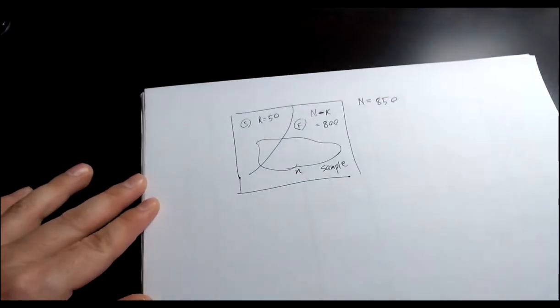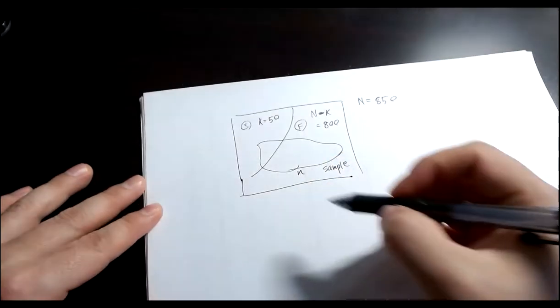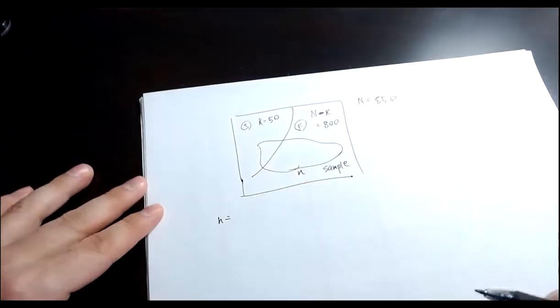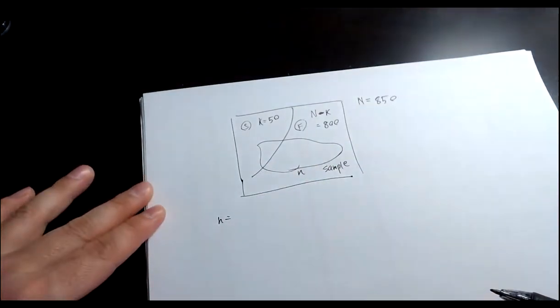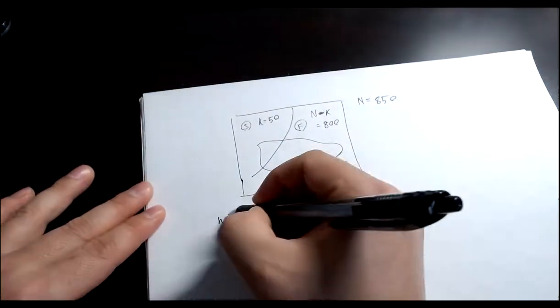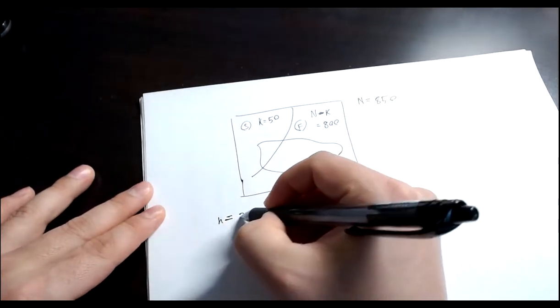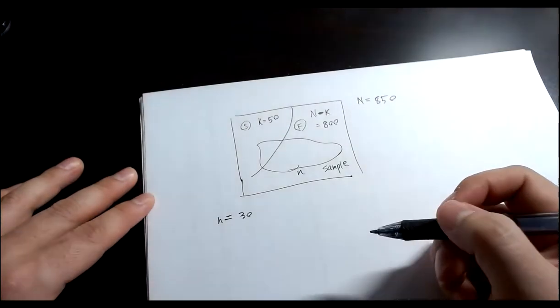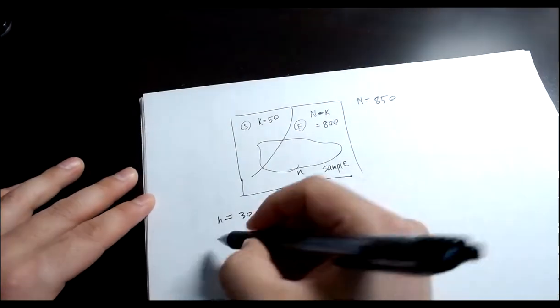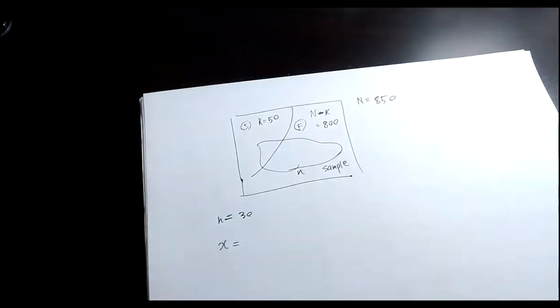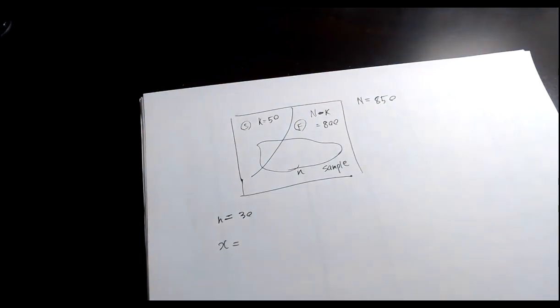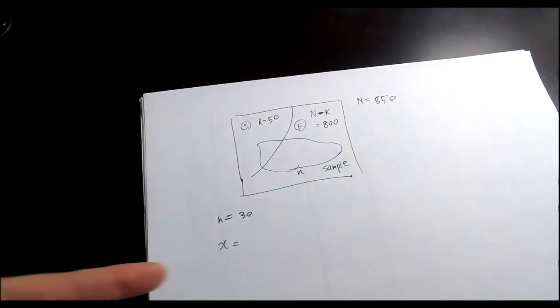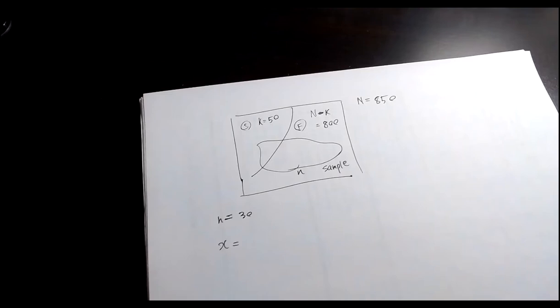So now think about this. What if n is, for example, 30? Just an example. Then x, the random variable in a hypergeometric distribution, represents the number of successes in the sample, right?